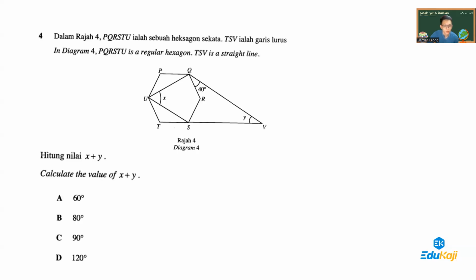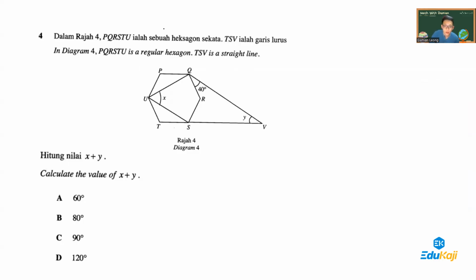Then question 4. Calculate the value of x plus y. For this kind of question, you either find x plus y both at once, or you find x and y separately. Depending on the question, we may be able to do both, or we have to do either one of them.